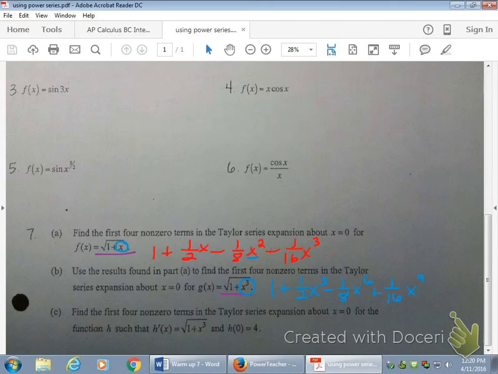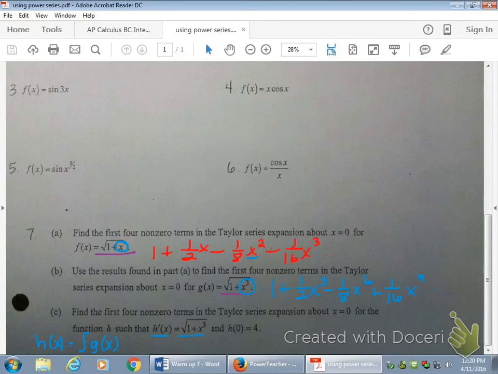Well, what they want is they want g of x to be the derivative. So what we're going to have to do is find h of x, which means we do the integral of g of x, because we want to go backwards. We want the derivative to be g.